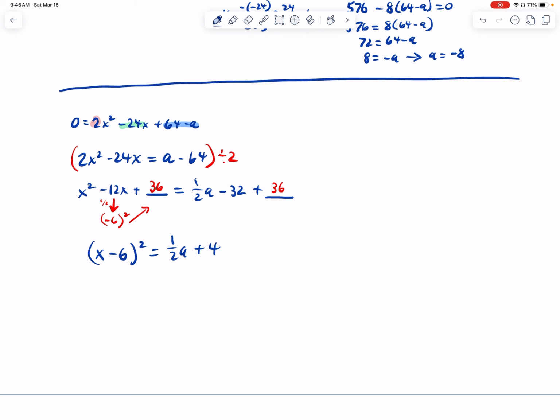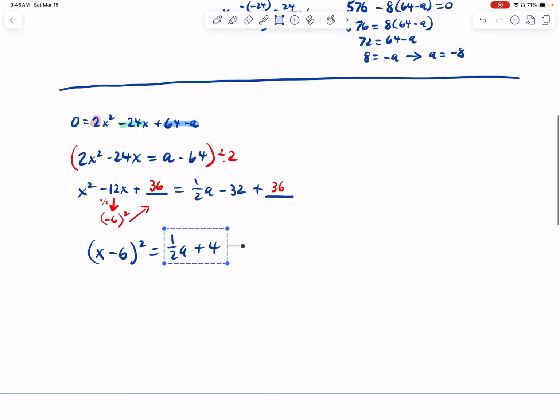Okay, so far so good. Now, the only way that I'm going to get a single solution from this, because that's what we want, is if this whole thing on the right-hand side was equal to 0.